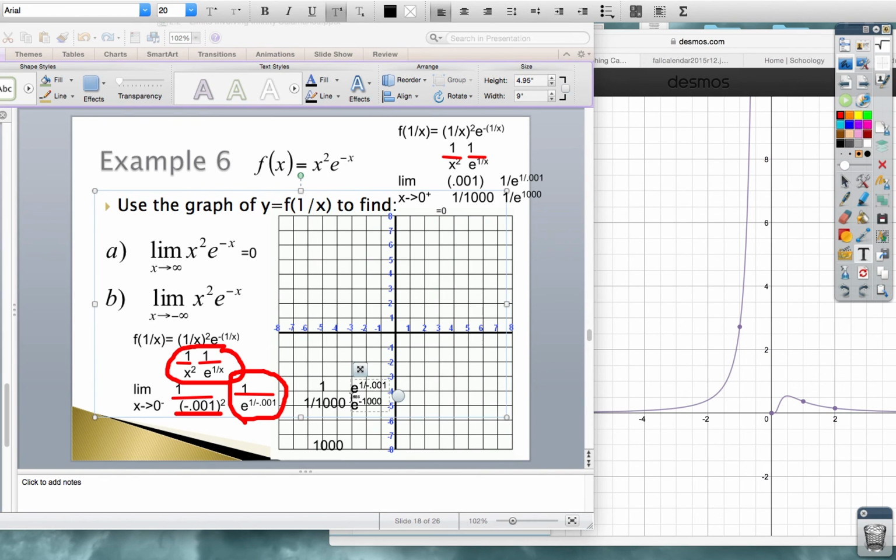Oh, but remember, that e was on the denominator already, so it should have moved to the top. So really what you're looking at here is 1,000 times e to the 1,000th.